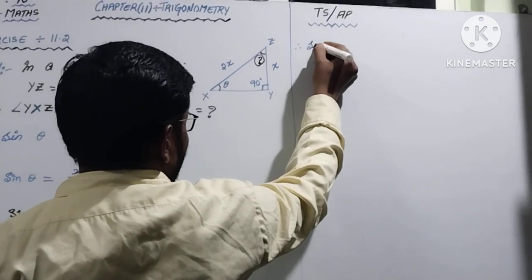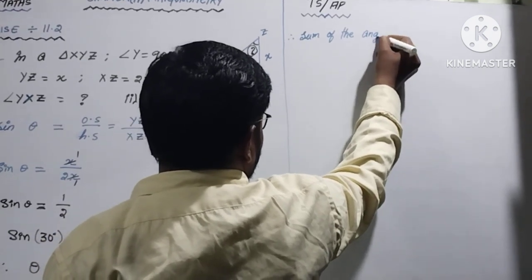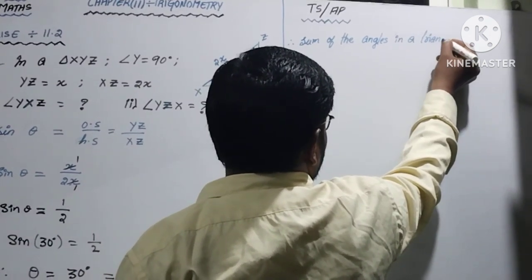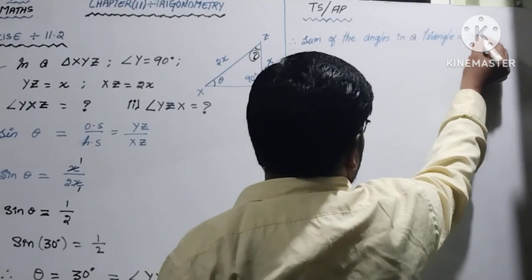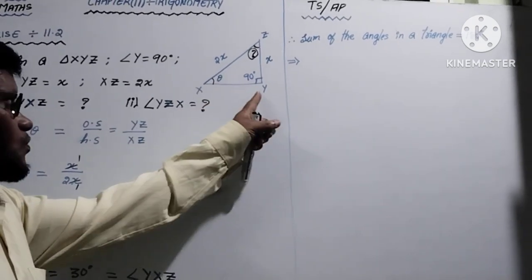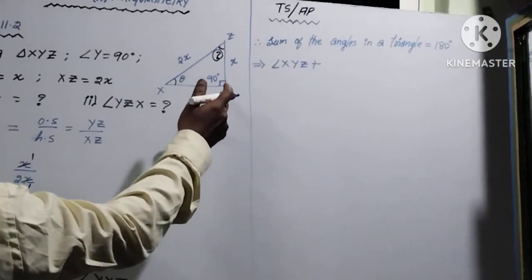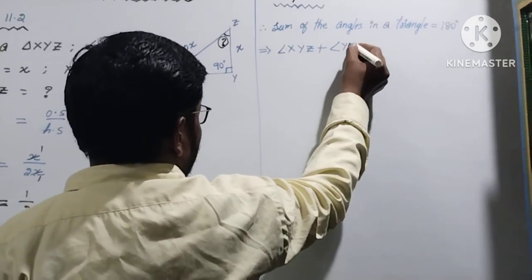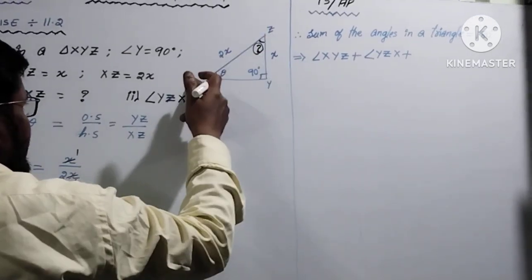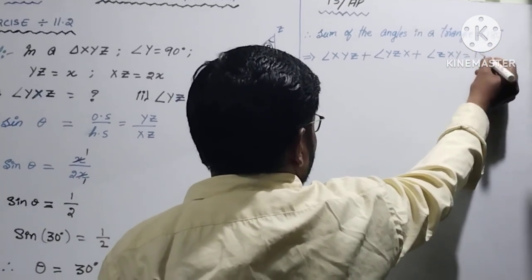The three angles are: the first angle XYZ, plus the second angle YZX, plus the third angle ZXY, equals 180 degrees.